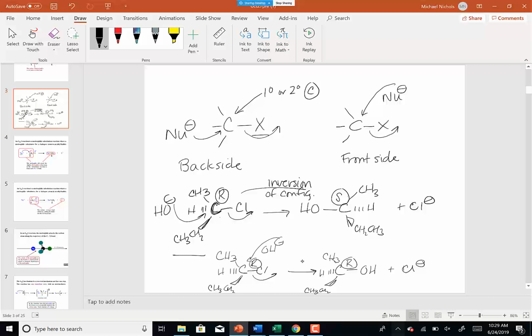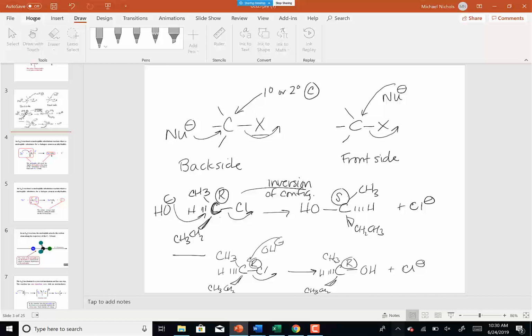So this would be a CH2 group or a CH with two other alkyl groups attached to it. And so they found that when they took a primary or secondary carbon, they got backside attack. So that's the first thing we know about SN2, what we know about this SN reaction. We'll get to what the 2 means in a moment.